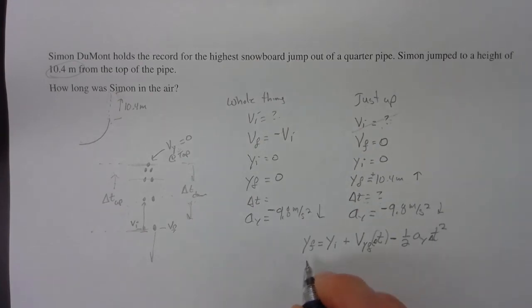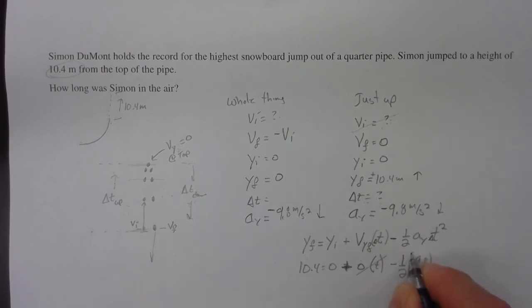Y final is 10.4. Y initial is 0. Velocity final is 0, that's nice, that term is going to cancel out. Minus 1/2 times negative 9.8 times time squared. So I get 10.4 equals, there's a negative, that becomes a positive, 4.9 t squared.